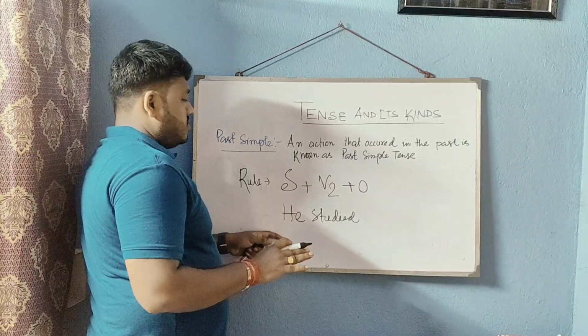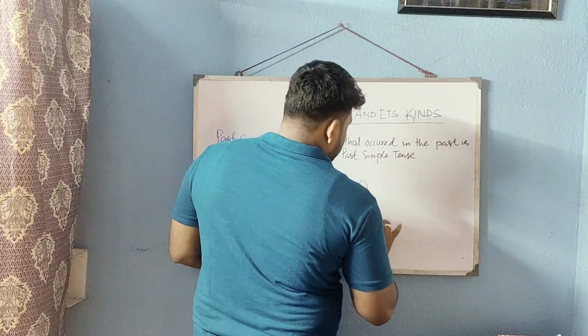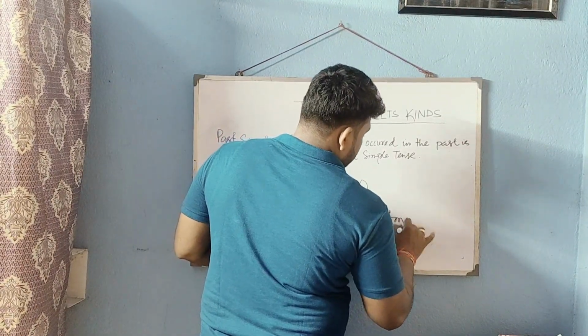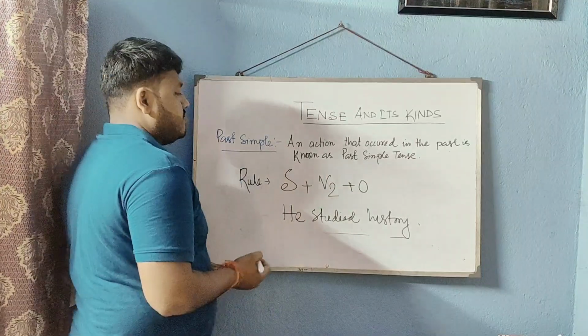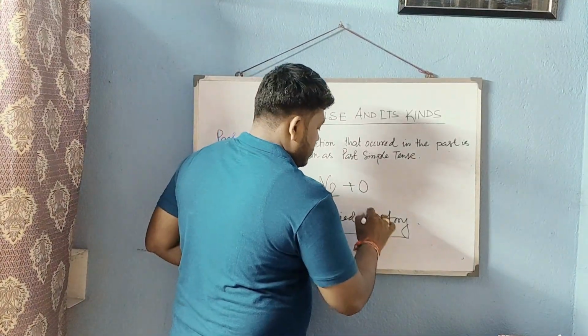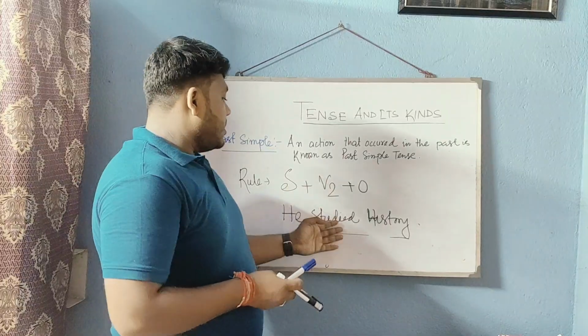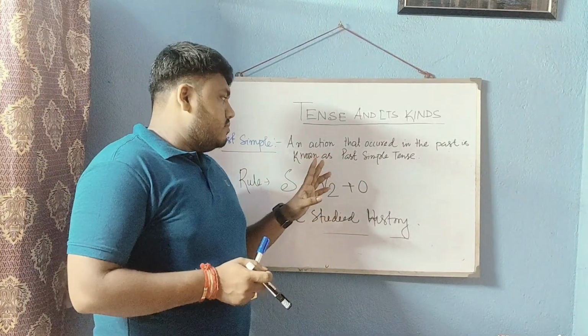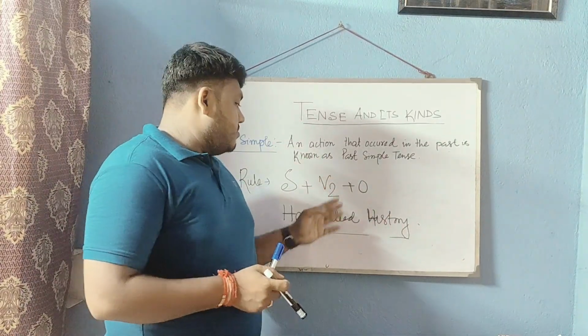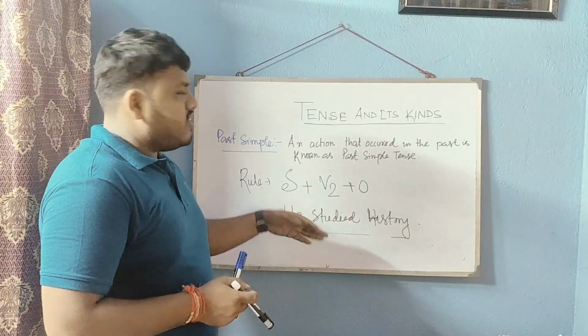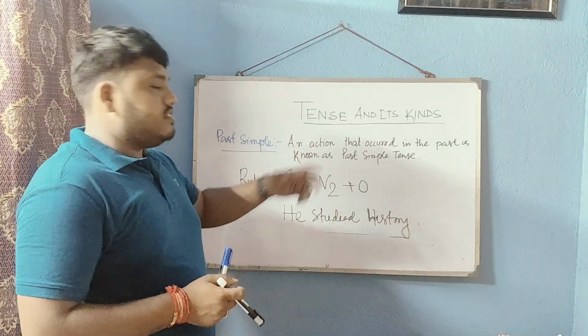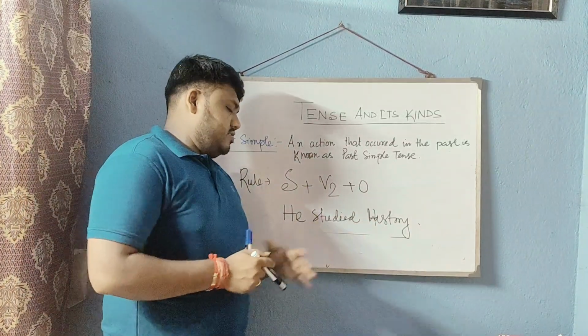Object: history. He studied history. Study is the root verb, the present form. Studied is the past form and also the past participle form.